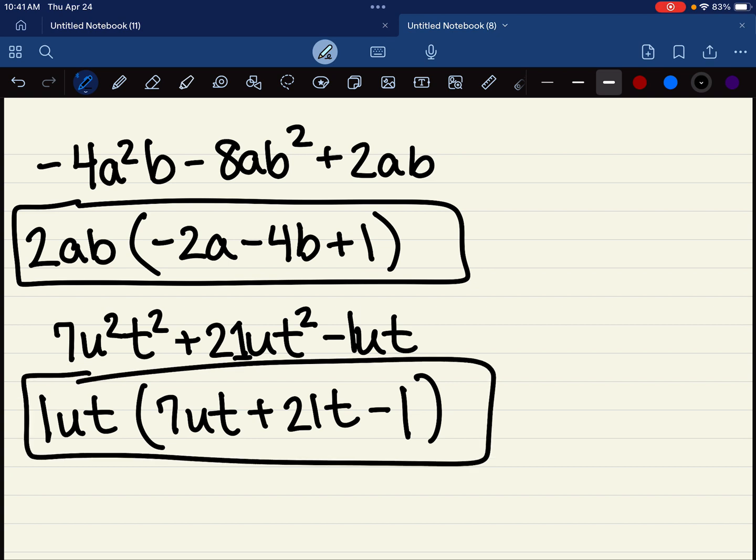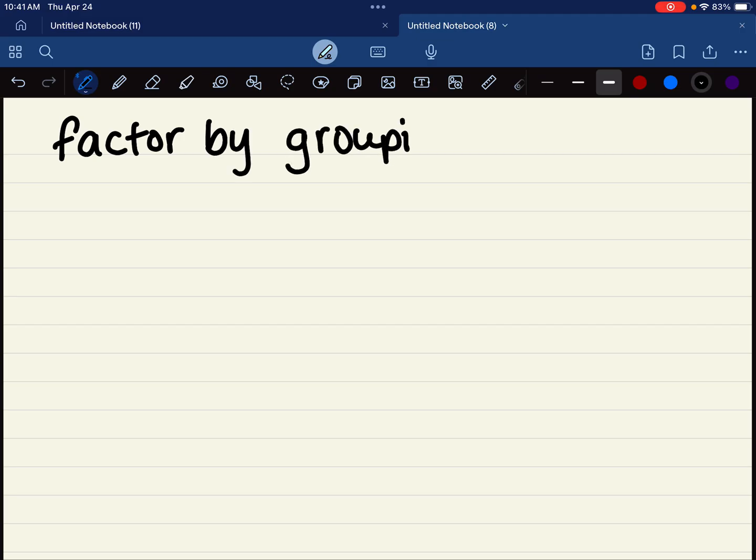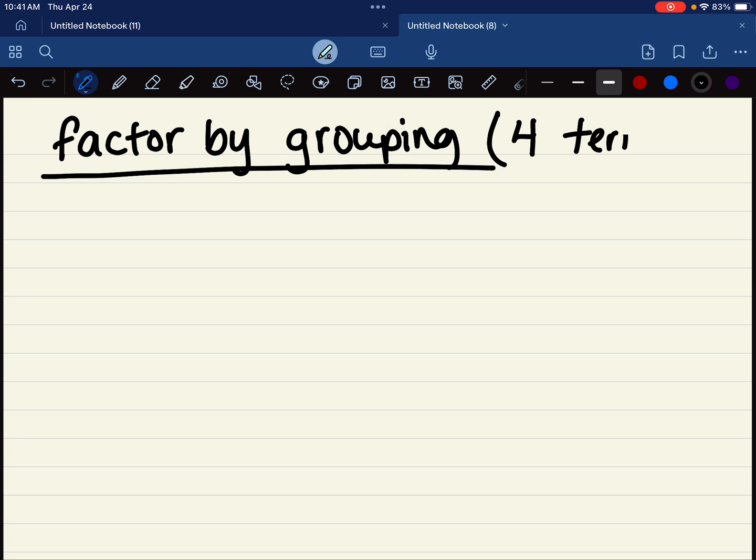Okay, I feel like you guys are doing pretty good with this, better than I thought we might be. Okay, here's the part you really have to pay attention to. We use factoring by grouping when we have 4 terms.